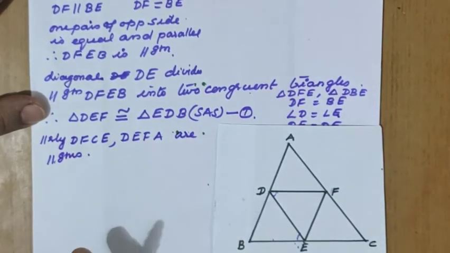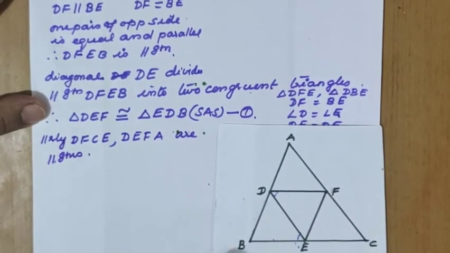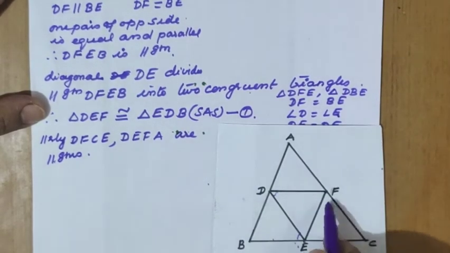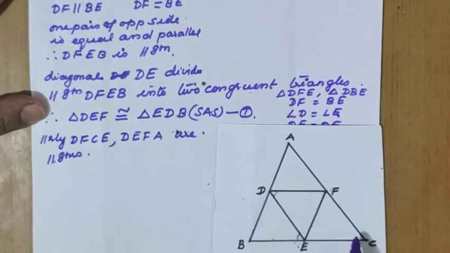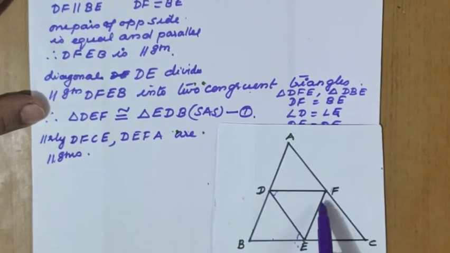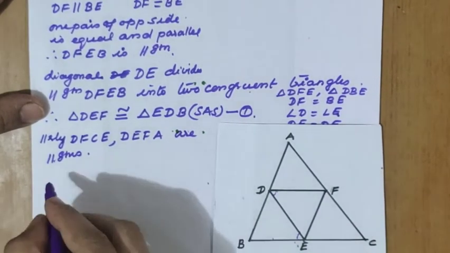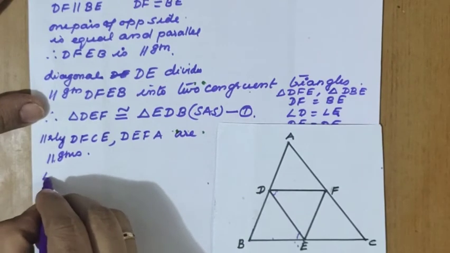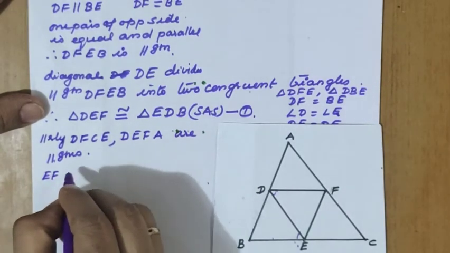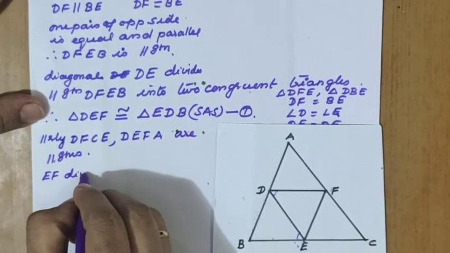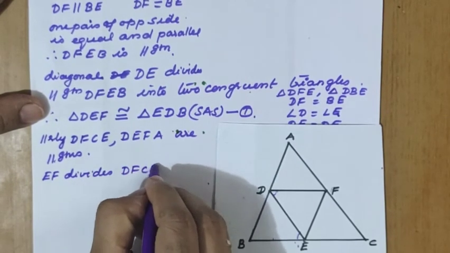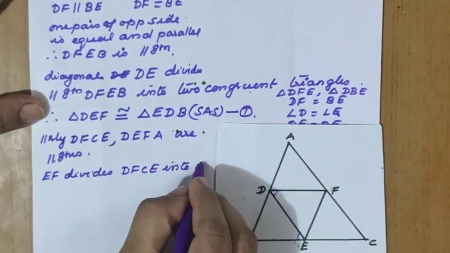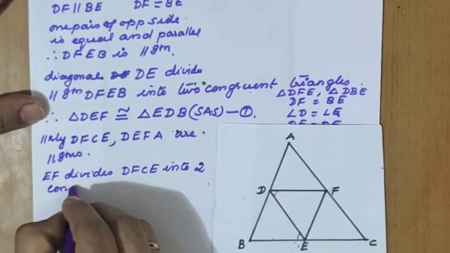Now what is the next step we have to prove? See the diagonal and write the congruent triangles. Which is the diagonal? EF is the diagonal for the second parallelogram, DFCE, right? DFCE, which is the diagonal, FE. So we'll write EF divides DFCE into two congruent triangles.